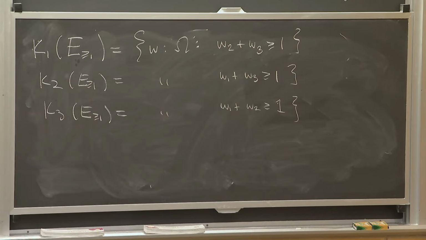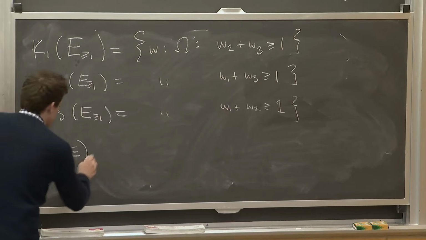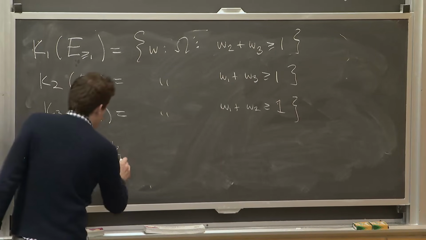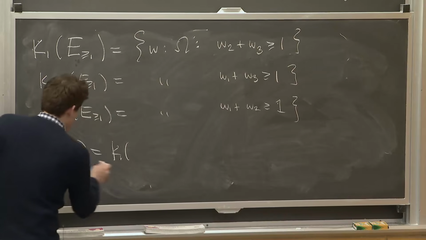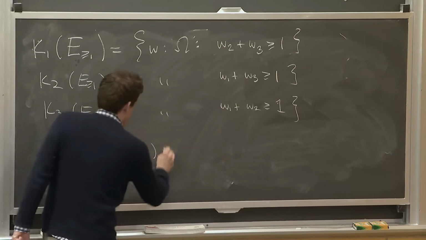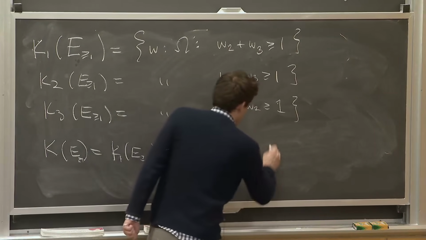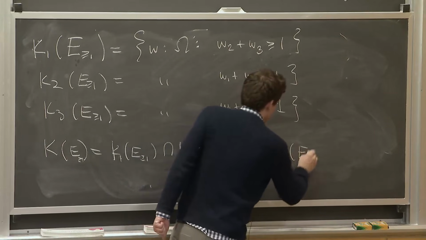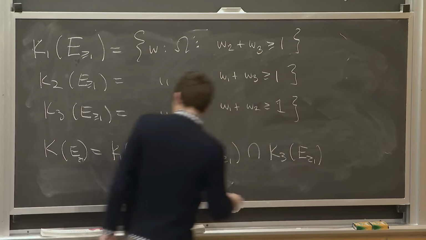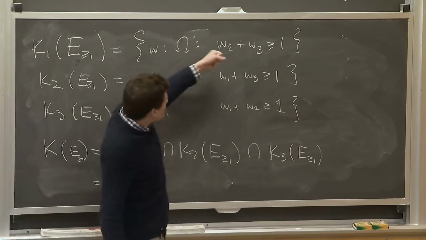So now that we've done these calculations, we can say, well, what is K of E? Which, remember, is the intersection K1 of E intersect K2 of E intersect K3 of E. Well, W2 plus W3 has to be at least 1.